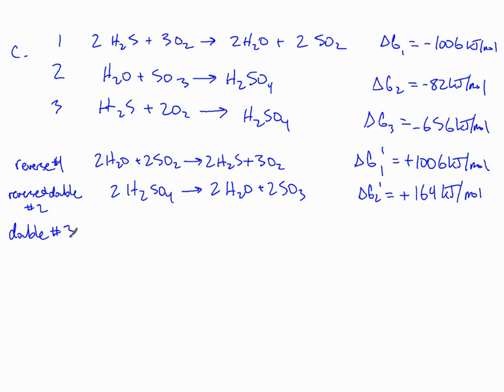And double number 3. Which means we have to double the delta G for reaction 3. It comes out to negative 1312.